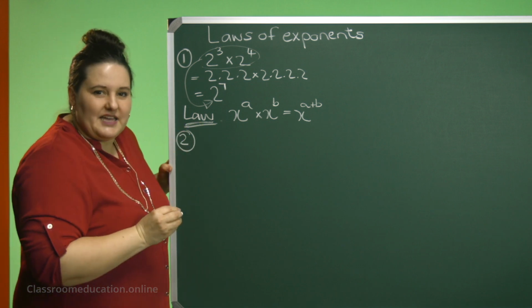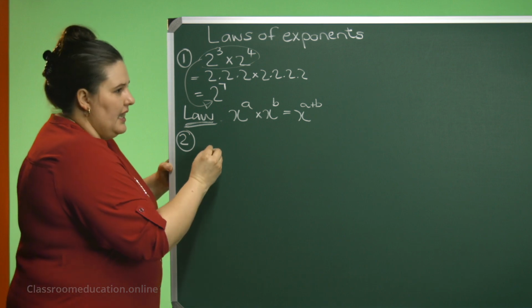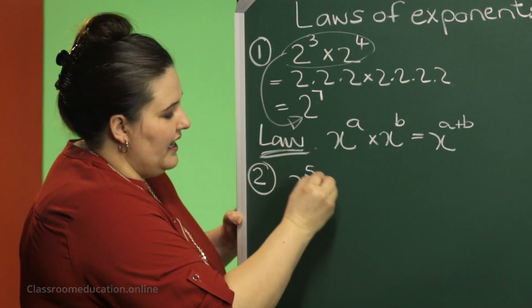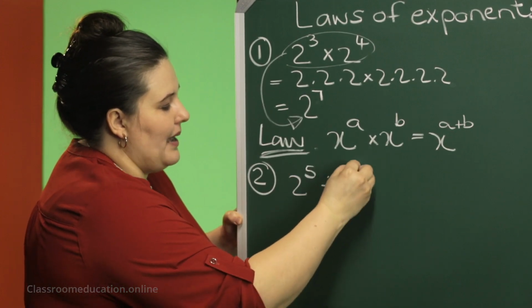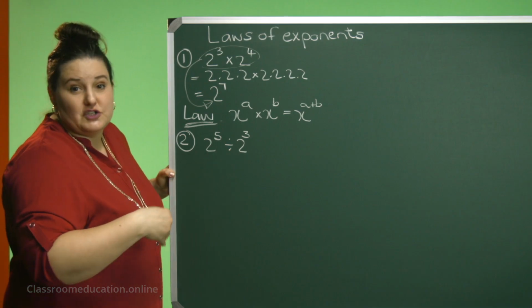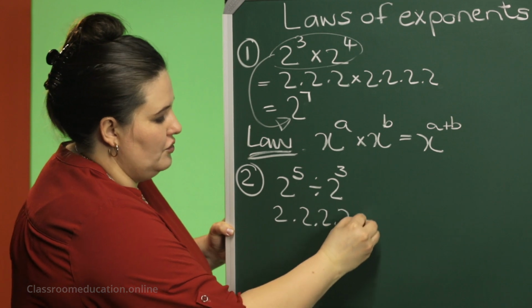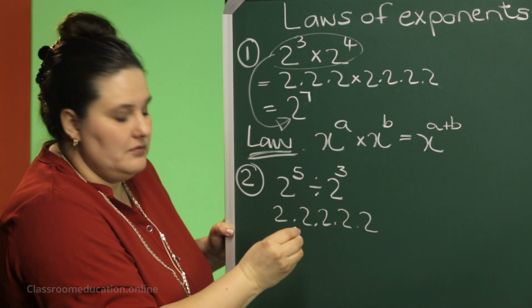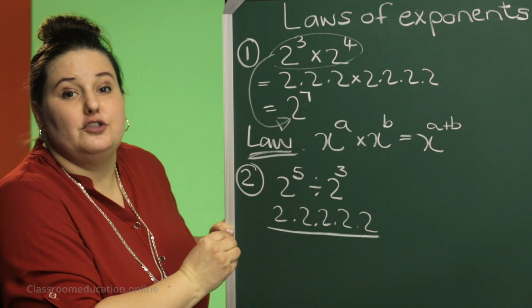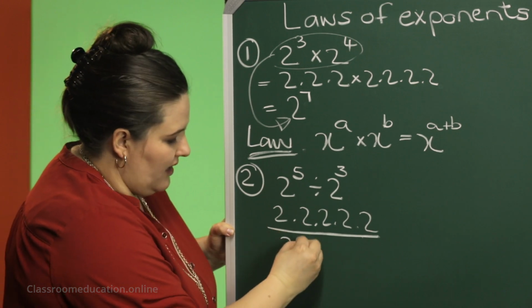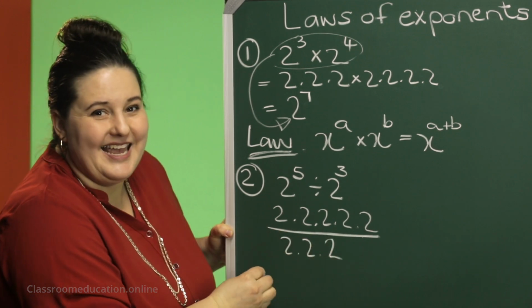Let's have a look at the second law. If I have a calculation that says 2 to the power of 5 divided by 2 to the power of 3, I can write it in expanded form. So 2 times 2 times 2 times 2 times 2, divided by 2 times 2 times 2. You agree?